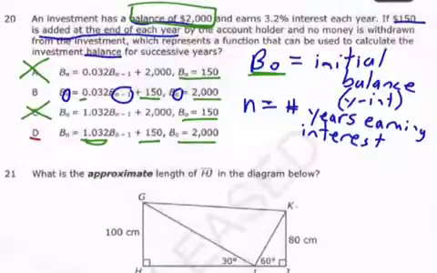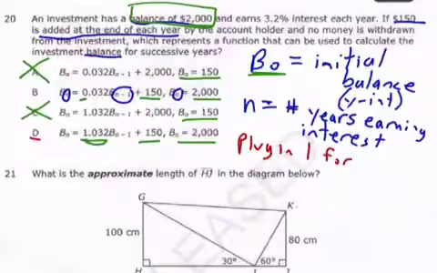So if I were to plug in after 1 year, I know exactly how much I'm going to earn. So after 1 year, I'm going to plug in a 1 for N. In other words, you can just make a table and see what happens. That means after 1 year has passed, how much is in the account?